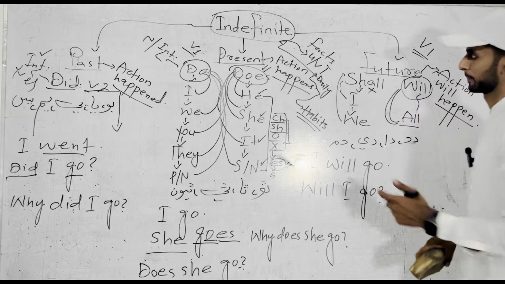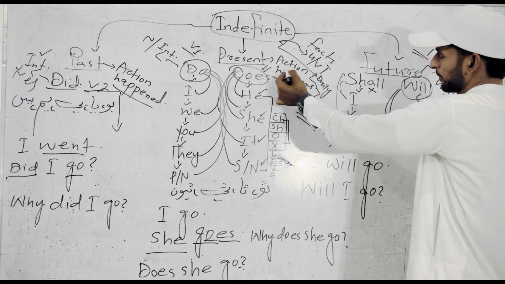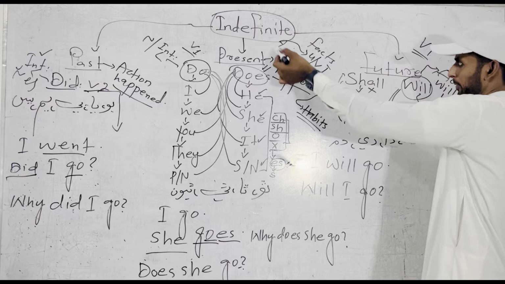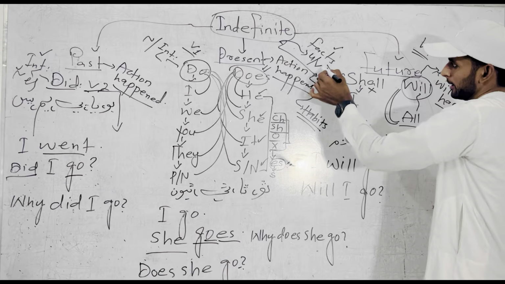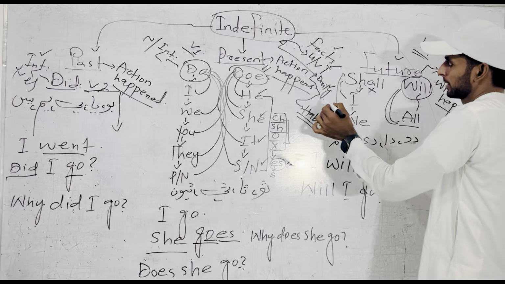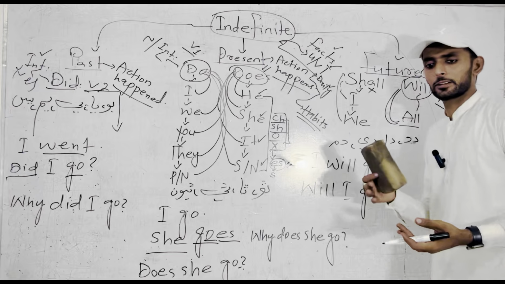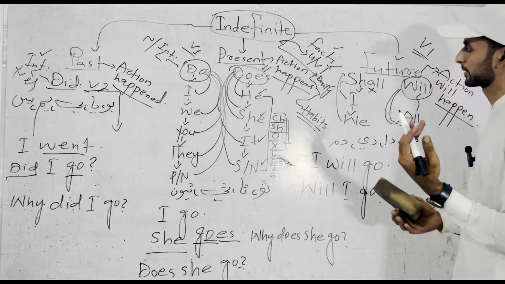Let's revise again. Present indefinite tense definition: action happens. Its other definitions are facts, universal truths, daily routines. Facts: 2 and 2 make 4. The sun rises from the east, it's a fact.